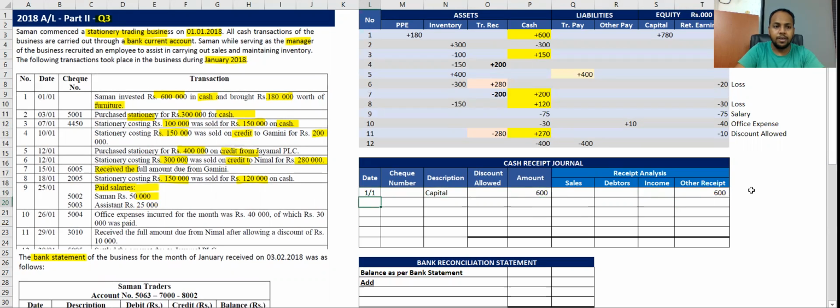Then transaction number 3, 7th of January.